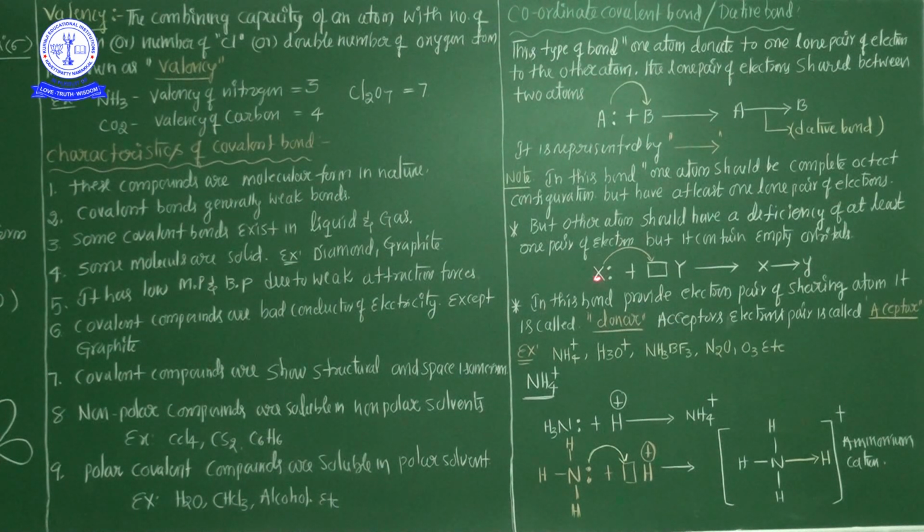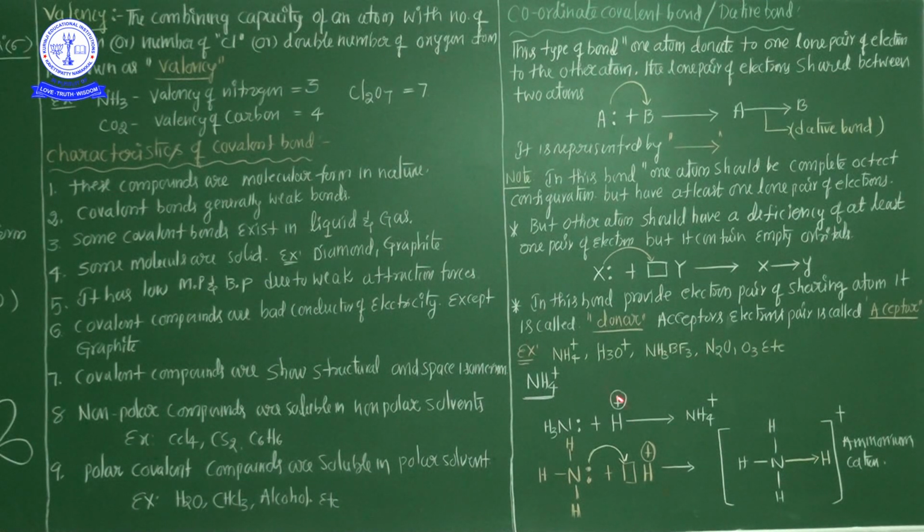Now see, X is the lone pair of electrons, Y is the empty orbital, so a coordinate covalent bond is formed. In this bond, the atom providing the electron pair for sharing is called the donor, and the one accepting the electron pair is called the acceptor. The best examples of coordinate covalent bonds are the ammonium ion NH4+, the hydronium ion H3O+, ammonia boron trifluoride, N2O and ozone.